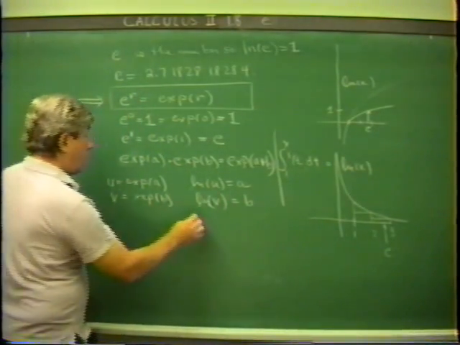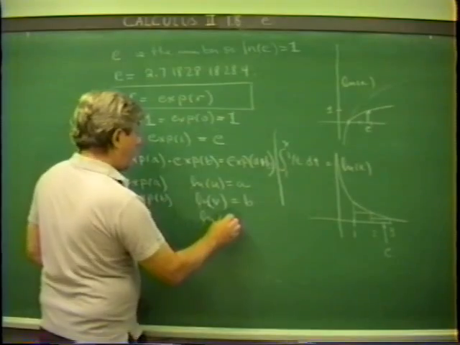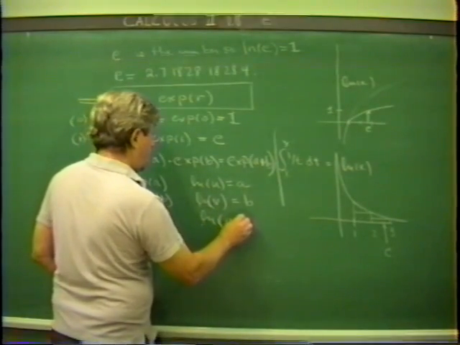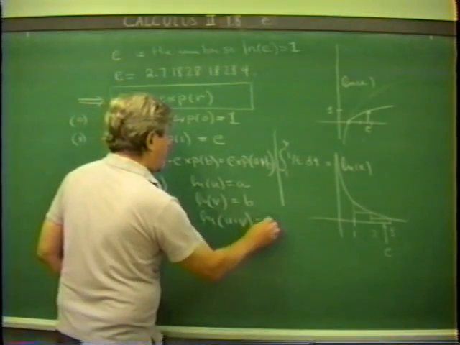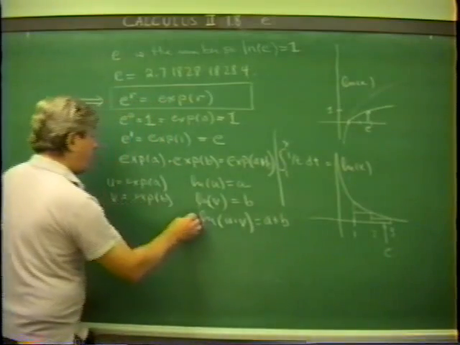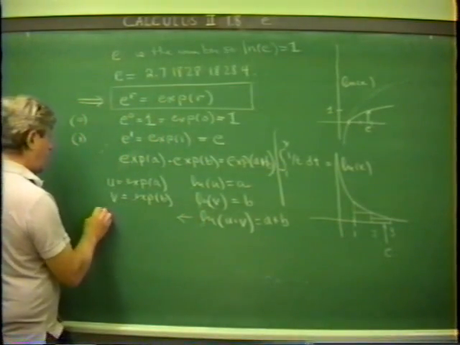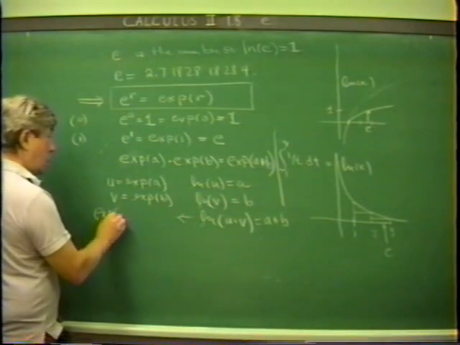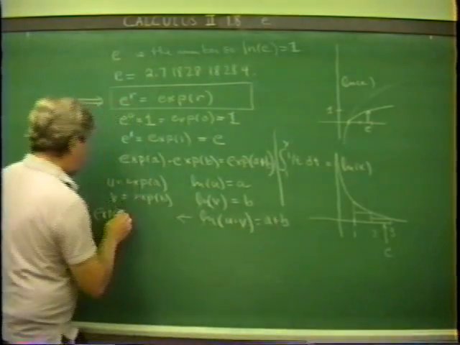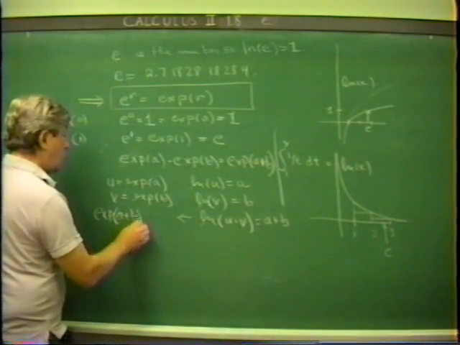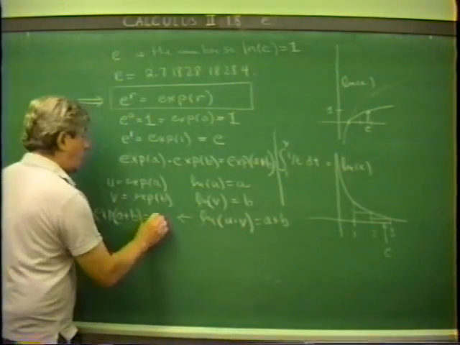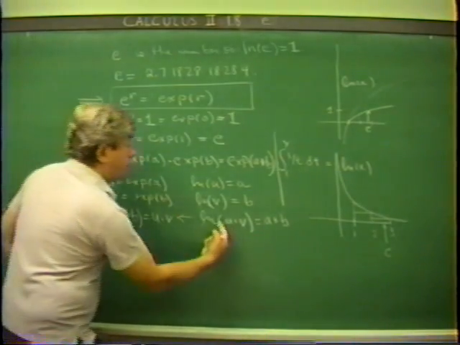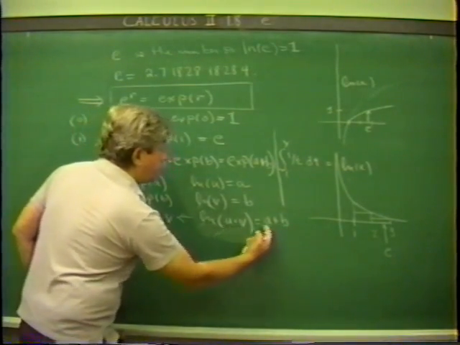And now, the logarithm of u times v is going to be equal to a plus b. And so from this we get that the exponent of a plus b is going to be u times v.